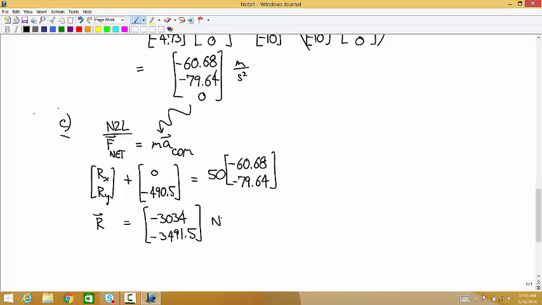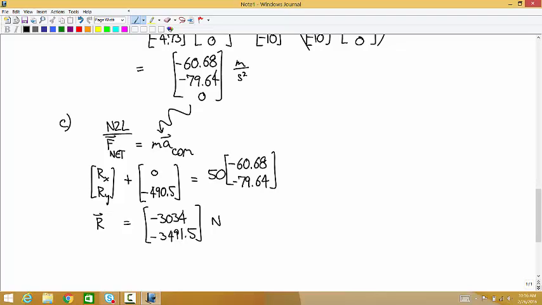Anyone get something different? For the y component, I got 4,275. Positive? Did you subtract? Did you add? This one's negative, and this one you would add. The acceleration of the rod at the pin is 0, so that's what I did.